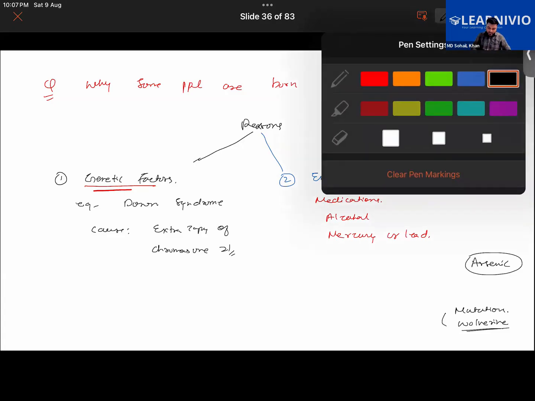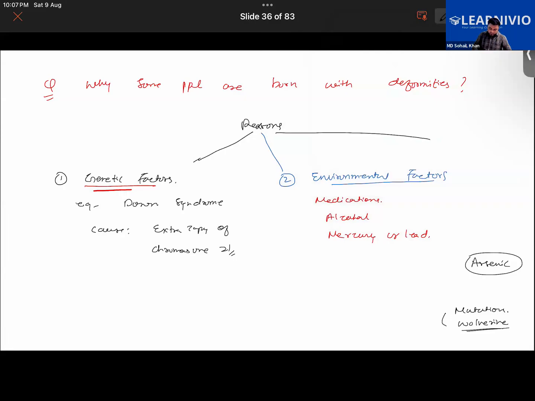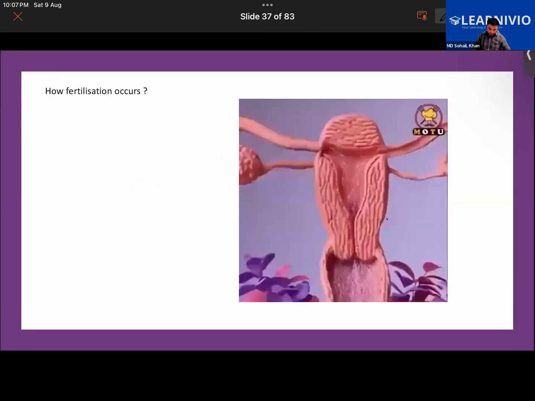That kind of condition with multiple limbs occurs because of a condition called polymelia. Sometimes the extra limbs have to be cut down; they have to go through surgery. Hope that is clear.